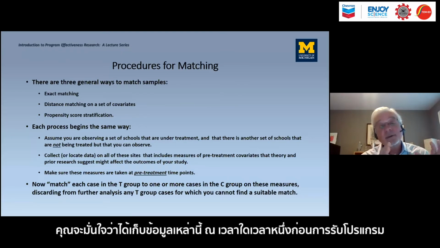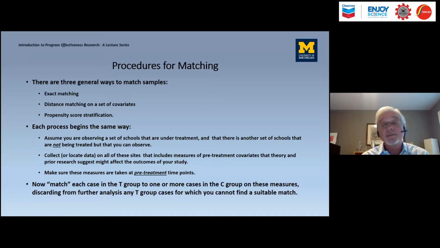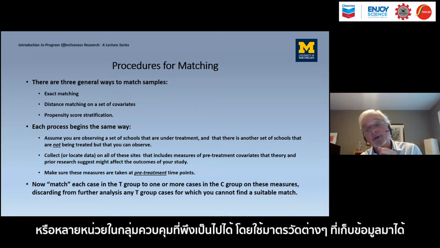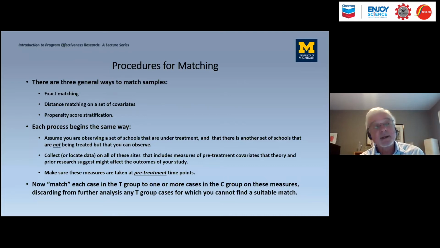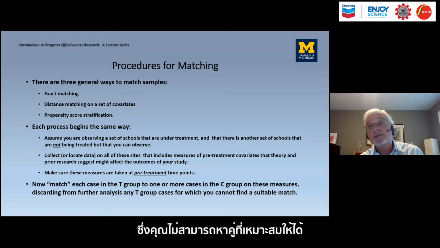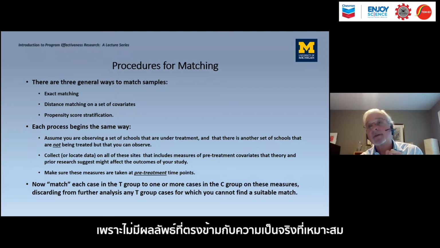You make sure that these are taken at pre-treatment time points, and then you match each case in the treatment group to one or more cases in this potential control group on the measures you've collected. Crucially, discarding from analysis any treatment group cases for which you can't find a suitable match because they won't have a suitable counterfactual.